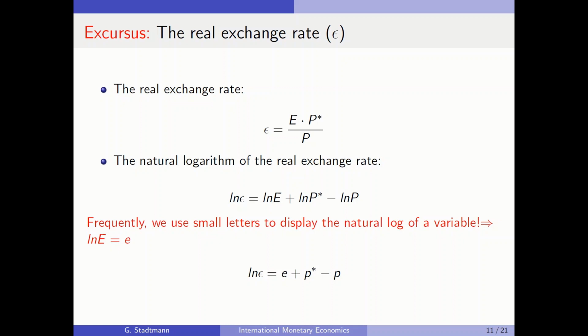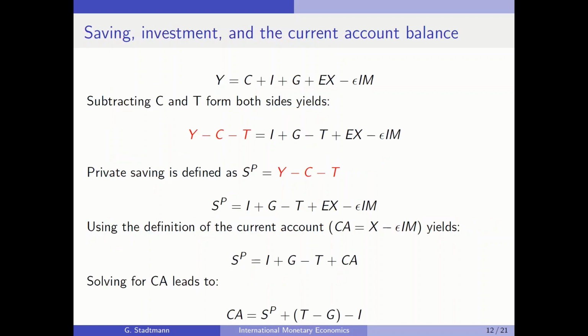And in the following step, I would like to derive this investment is equal to saving relationship for an open economy. We once more start in the first equation with the normal goods market equilibrium condition you are already familiar with. Left-hand side, goods supply. Right-hand side is goods demand.